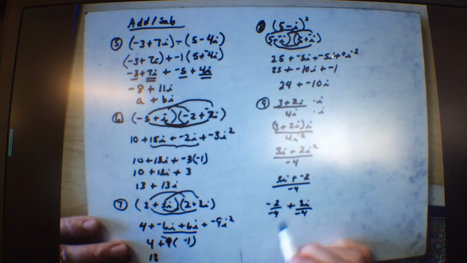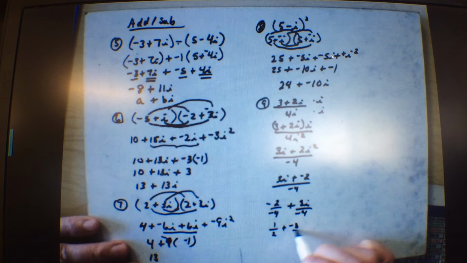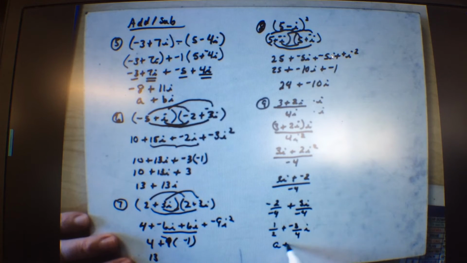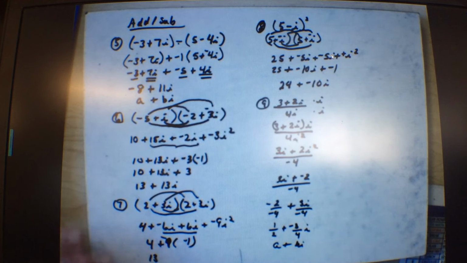I'm going to simplify this as just 1/2, plus, I'm going to move the negative 2 up above so I see it, and I separate it from the i. This is written in complex form, a plus bi. Should the half be negative? No, because I have a negative over a negative, which is a positive. Okay? You got it?